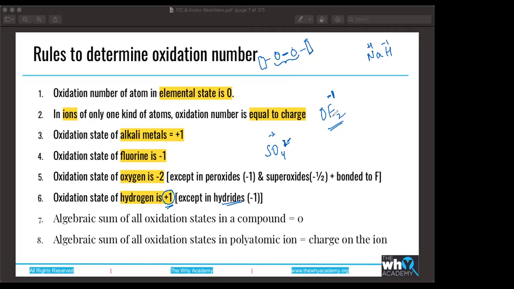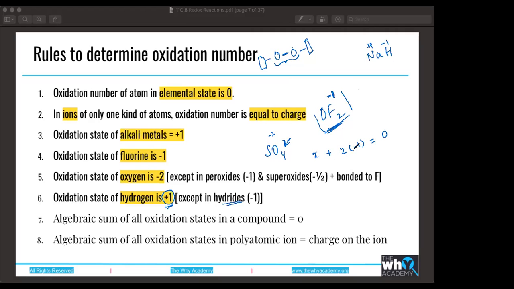So that means we have OF2 here. Oxidation state of fluorine is -1. Overall should be 0. If we don't know what the oxidation state on oxygen is, take that to be x. There are 2 atoms of fluorine, so x + 2 into -1 is equal to 0, because the overall compound is neutral.